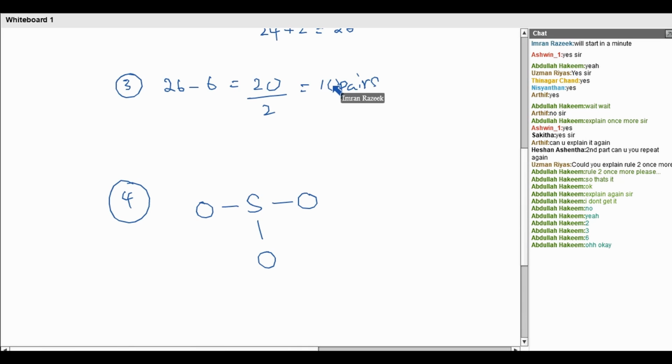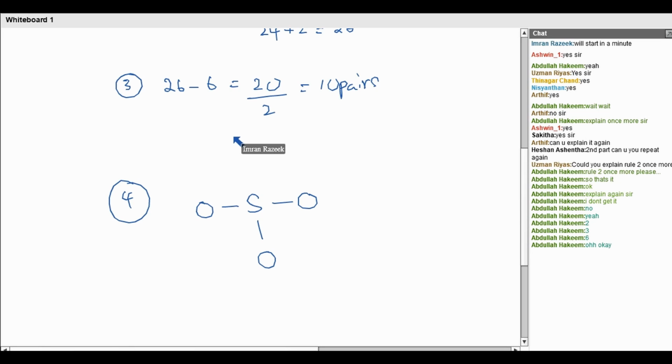Now see, 10 pairs. What you should do is first distribute these 10 pairs among the terminal atoms. What are terminal atoms? Sulfur is central, so the others are terminal atoms. You first distribute the 10 pairs among the terminal atoms so that all the terminal atoms receive their octet.